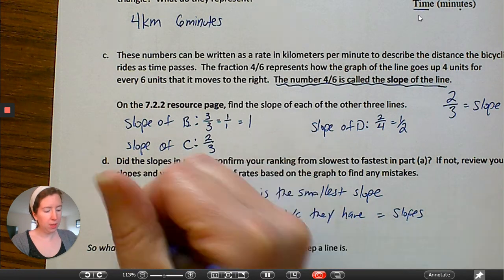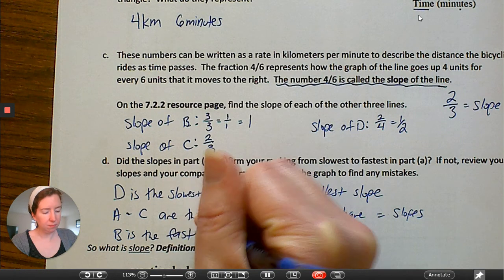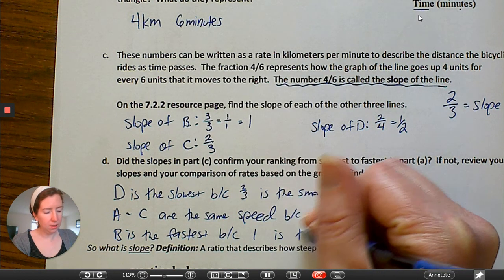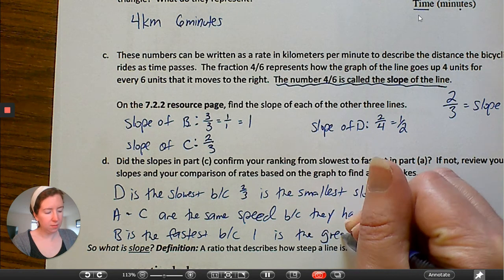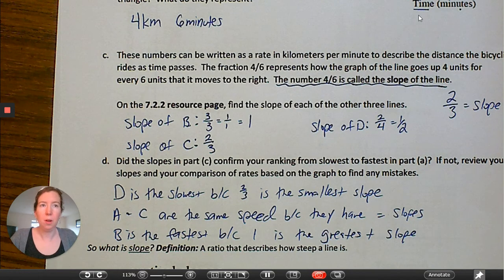And then we know that B is the fastest because 1 is the greatest slope, right? 1 is the biggest slope, meaning it's the steepest line. Okay.